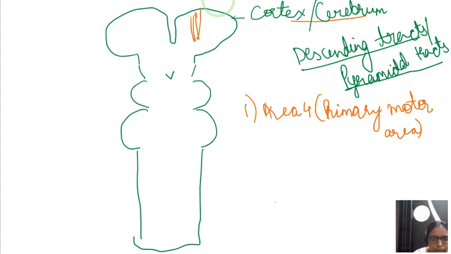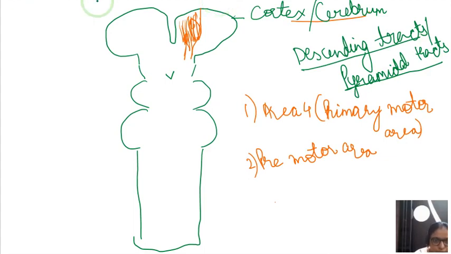Fine. For example, this is your primary motor area 4, right? And then your premotor area, and then your supplementary motor area. I'll show with another pen.